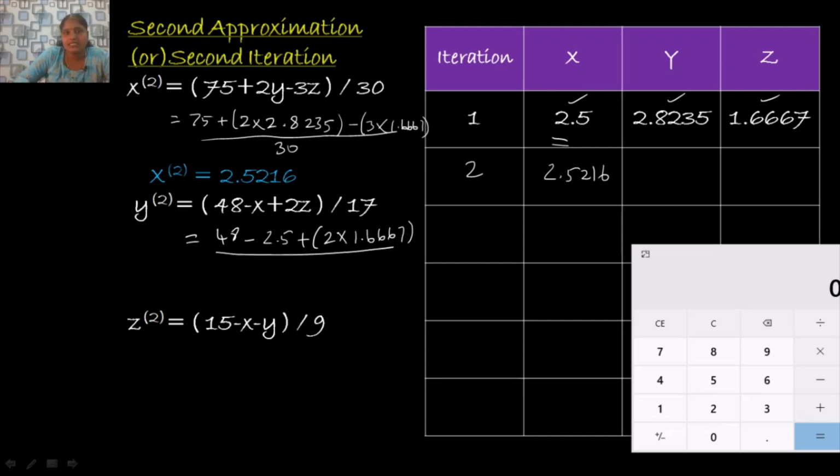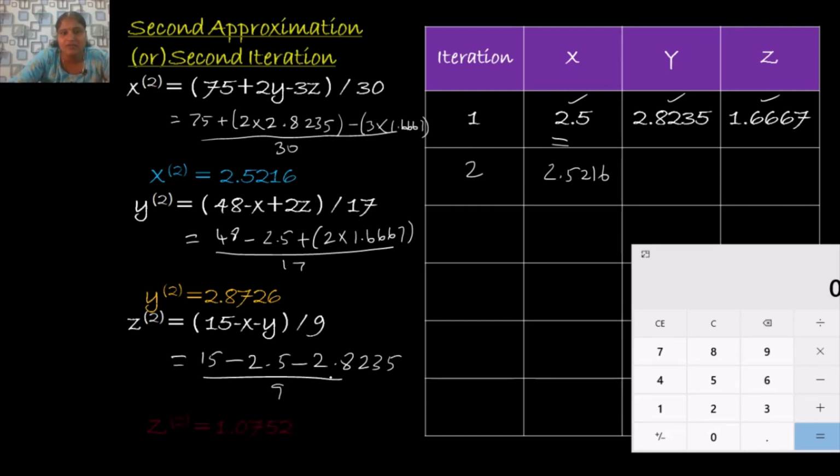So parentheses, over 17. By simplifying this, you get the value of y is 2.8726. Next, for the value of z, 15 minus the x value 2.5 minus the y value 2.8235, over 9. Simplifying this, you get the value of z is 1.0752. So in the second iteration, the value of x is 2.5216, y is 2.8726 and z is 1.0752.